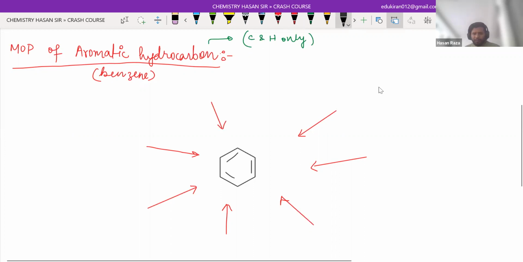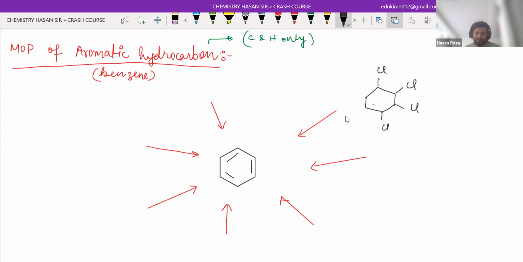So the first preparation is from benzene hexachloride. Just write with me, please. What is benzene hexachloride? This is your benzene hexachloride. I will write all the names of it. This is your diazonium.